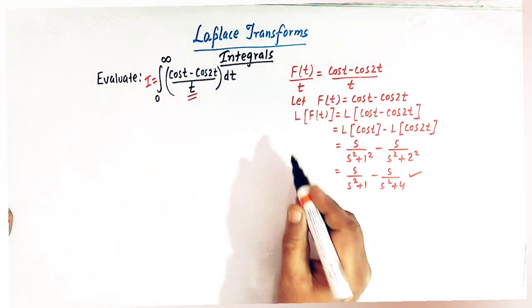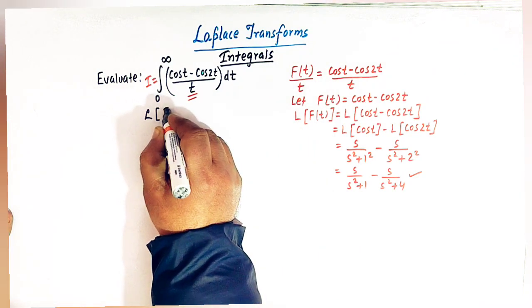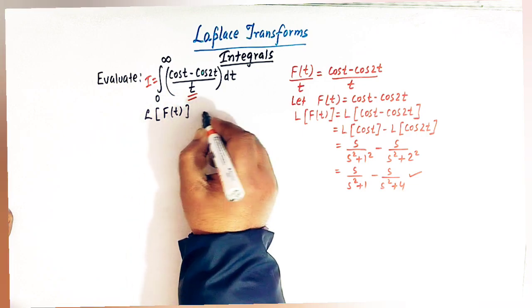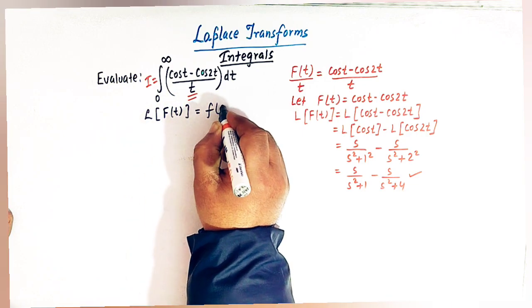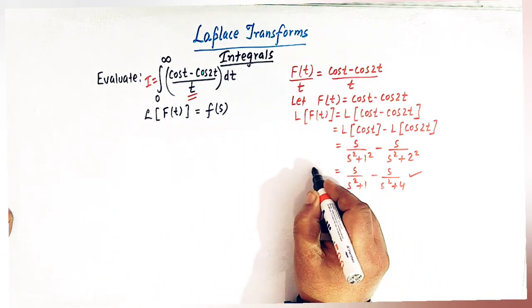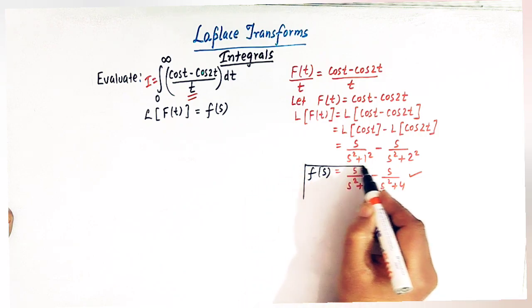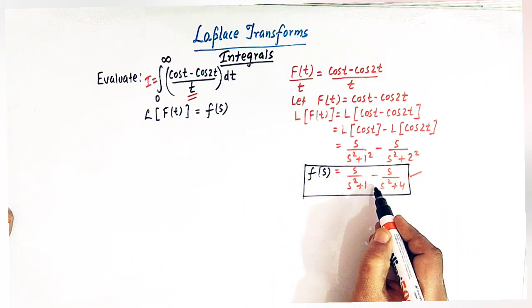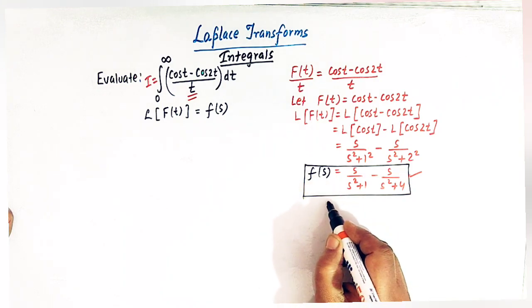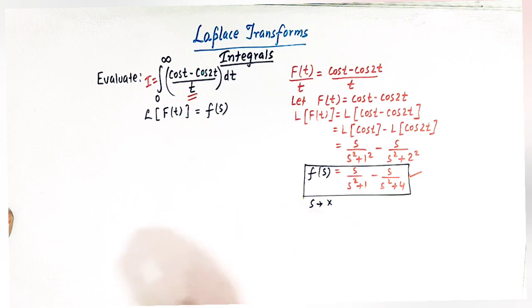So now we know that the Laplace transform of f of t is denoted by F of s, right? So L of f of t is equal to F of s, right? So the first step gives this expression, right? Now let us replace this s by the variable x, right?